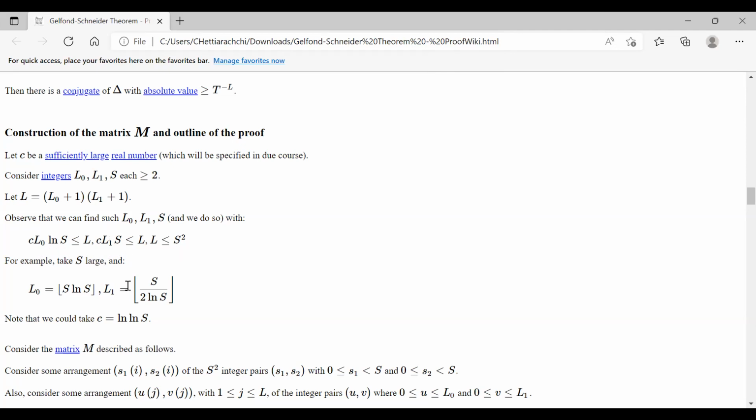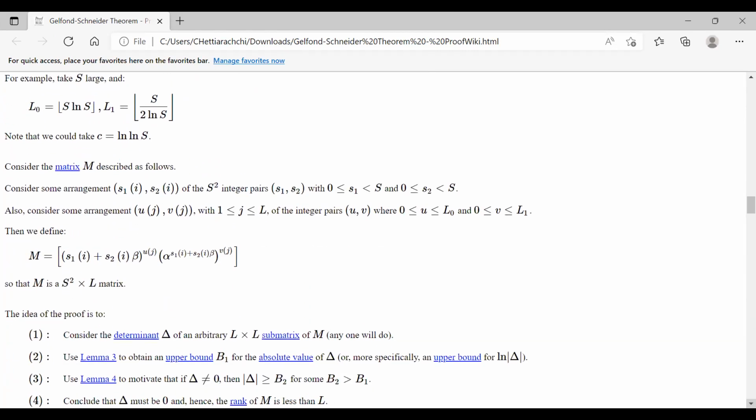But we have an example for choosing L0 and L1. If L is large, you can take L0 as the floor function of S times log S, and L1 as the floor function of S over 2 log S. So when we choose that, your C will be log S.